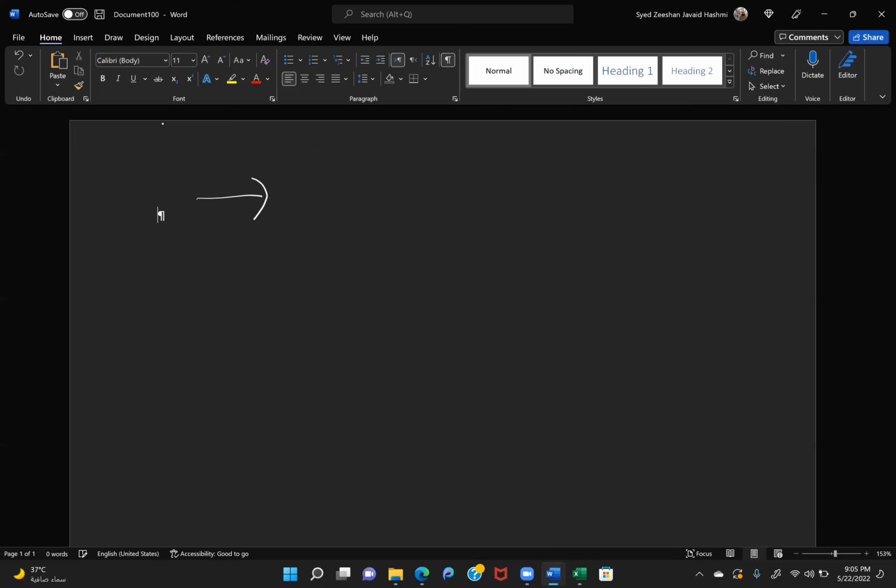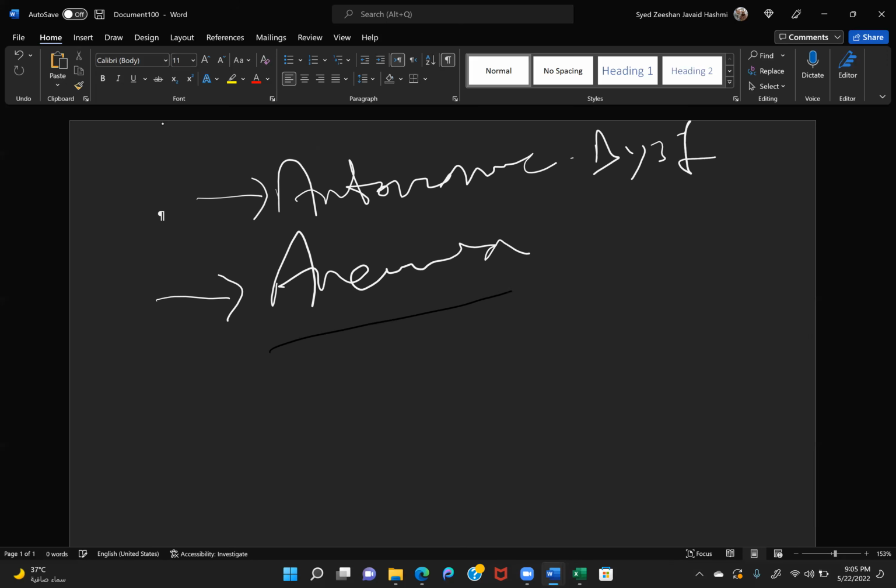Again, the same autonomic dysfunction which can occur in hypertensive patients, there will be swings of blood pressure, so the same thing will occur here. You can have the same precautions which we discussed there. Okay, so what about anemia? You have a patient with anemia, and how will you optimize it?